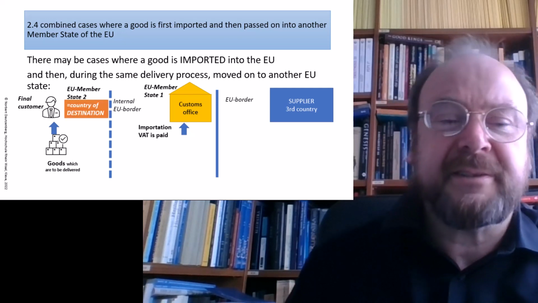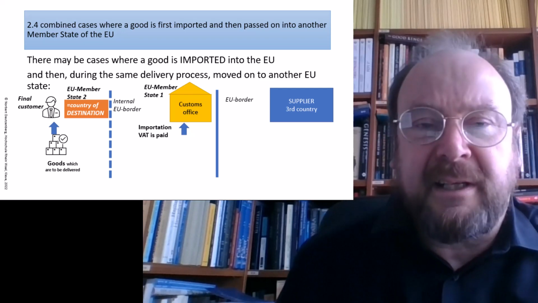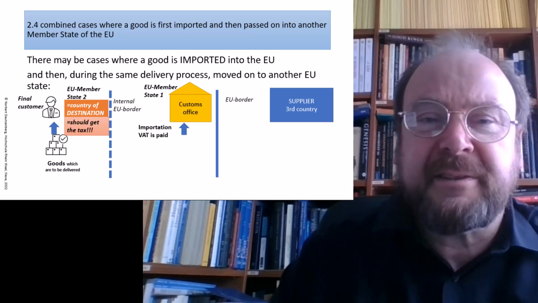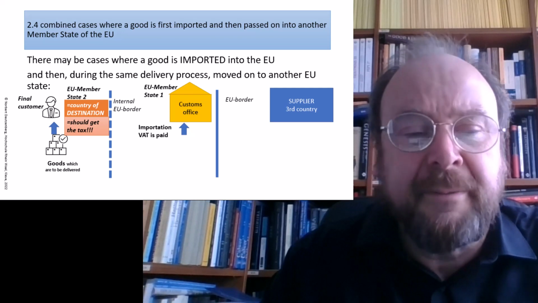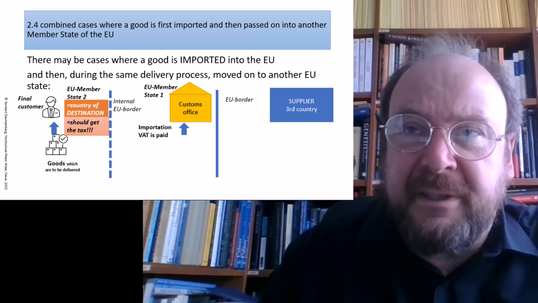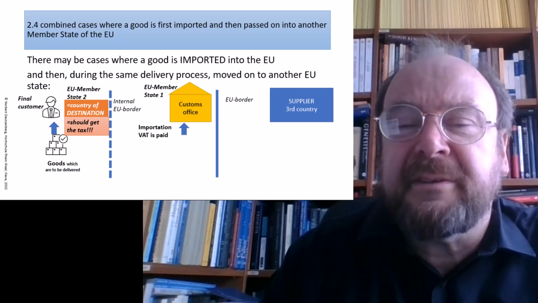So here is the country of destination, and you remember that under the basic system and basic logic of value-added tax and all other indirect taxes, the final tax should finally go to the country of destination.